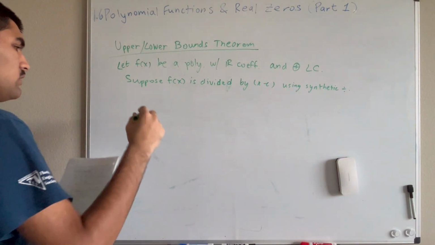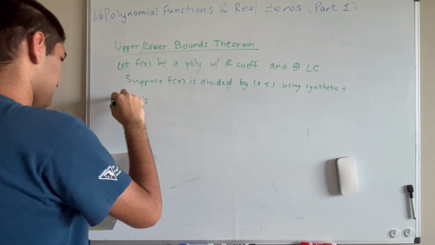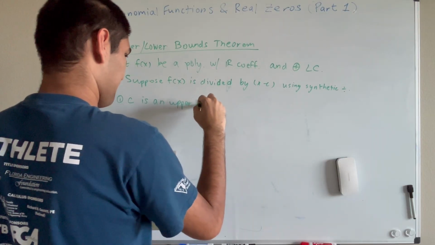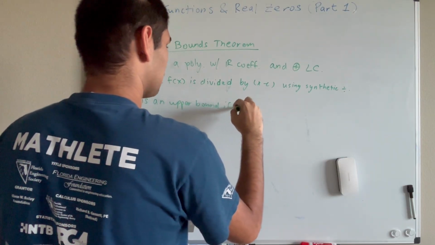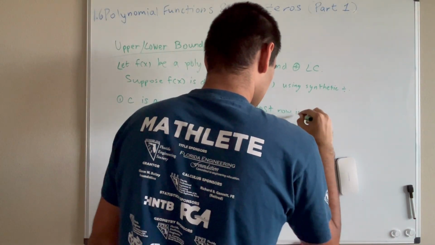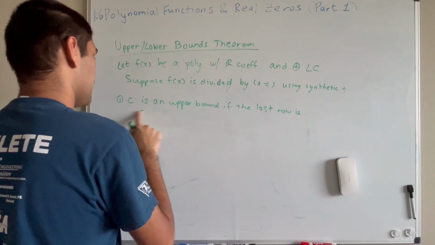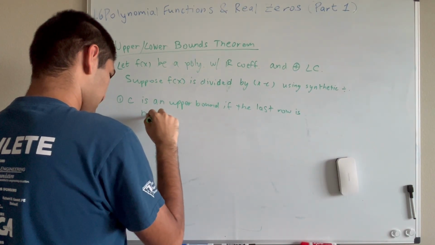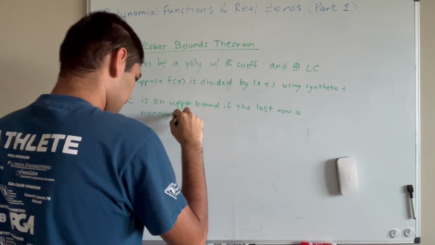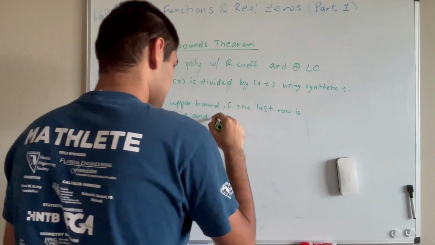So c is an upper bound if the last row is positive, or if the last row is non-negative, and c is positive.